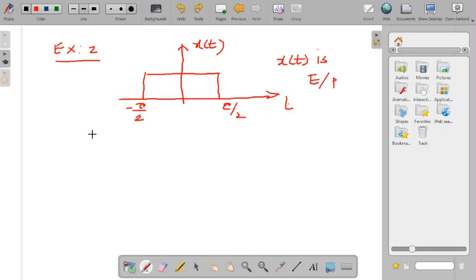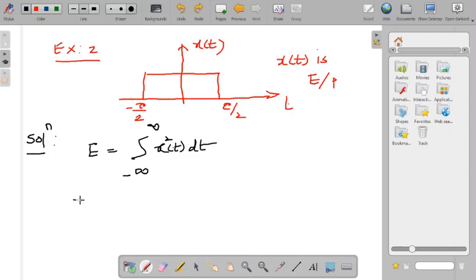So how will we proceed? Again, the same steps we have to follow. So solution, we will first of all calculate the energy. So energy will be given by integration from minus infinity to plus infinity x square t dt.